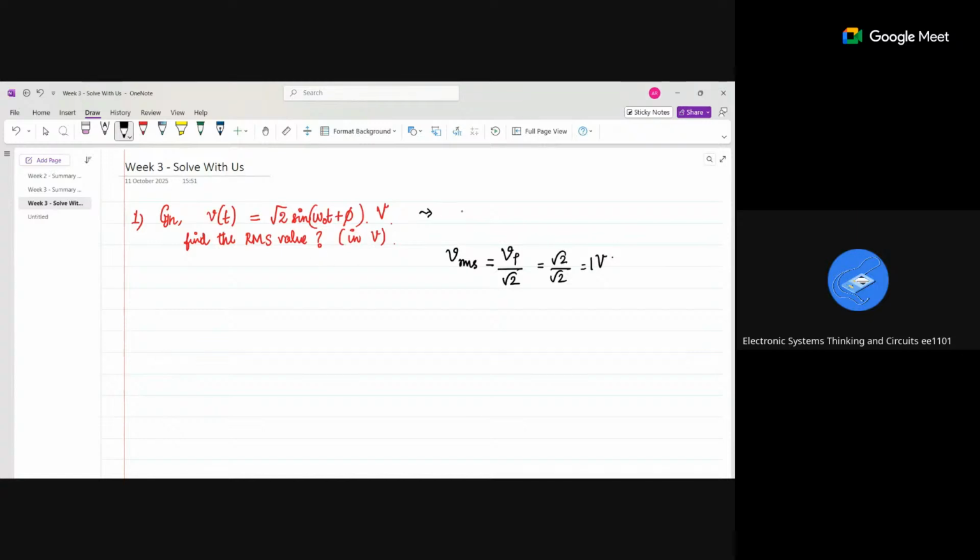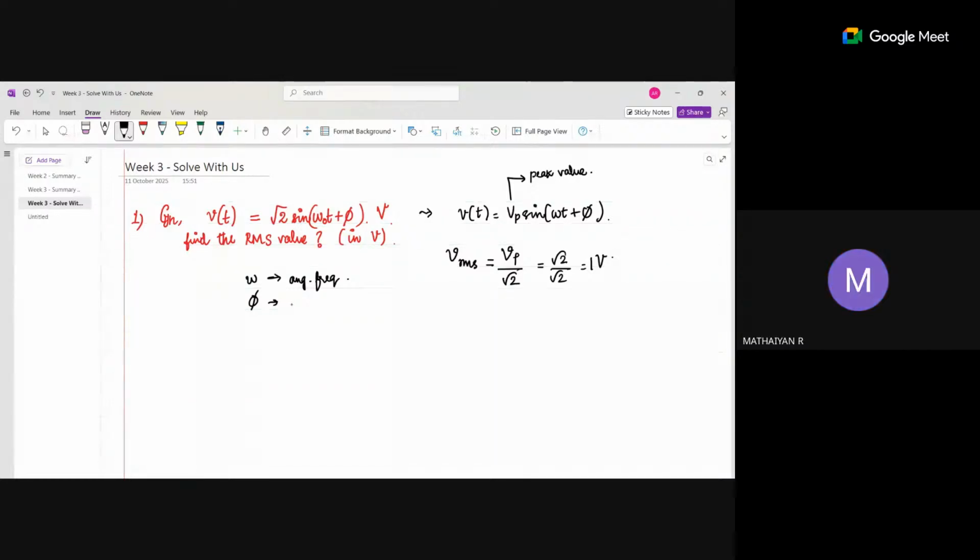So the general equation is v of t is equal to Vp sine omega t plus phi. What is Vp? It's the peak value, right? What is omega? Angular velocity. Yeah, it's angular frequency. What is phi? Phase difference.